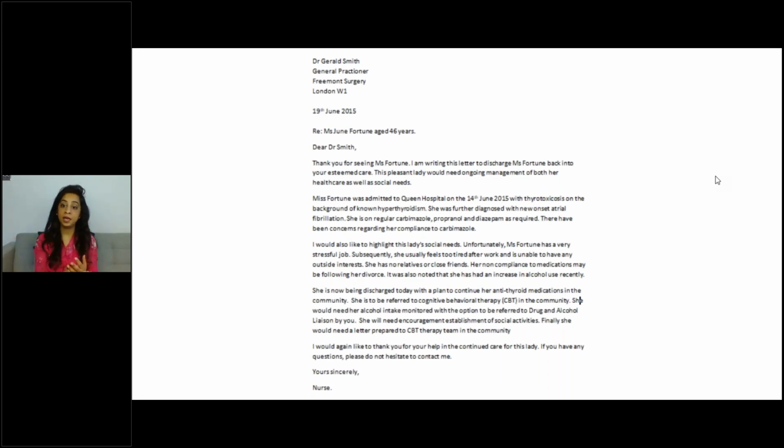Sometimes you can have a patient with multiple visits and you would want to mention all of them, so people split each of the visits into different paragraphs. So it's not really specific as to how many paragraphs you can write.